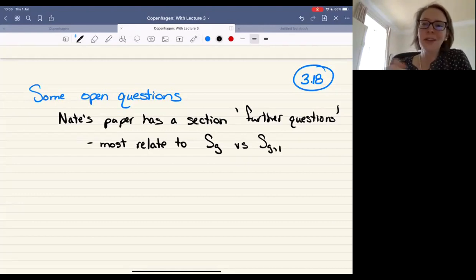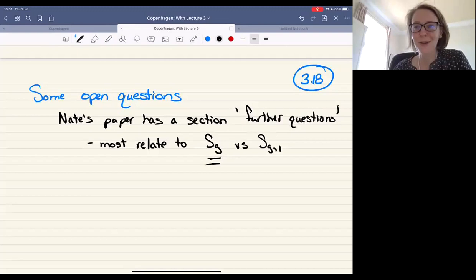And, to roughly summarize what we said on Tuesday, you get a lot of results for the closed surface case, but there are some differences along the way. And there are some things that actually are still a little bit unsettled in the closed surface case. So most of Nate's questions relate to that. He also raises the question of what is the right notion of the dualizing module for Out(F_n).